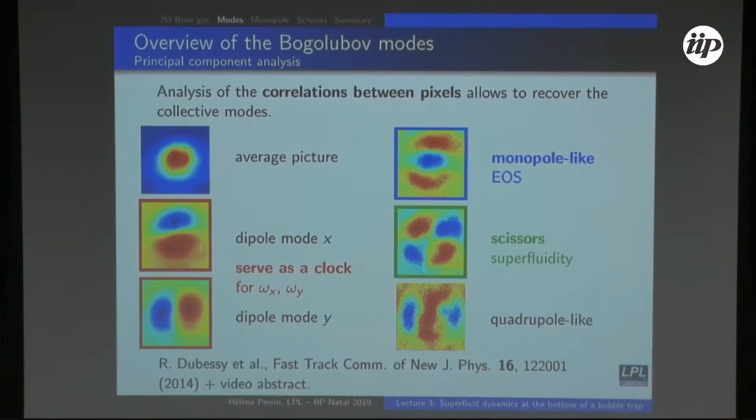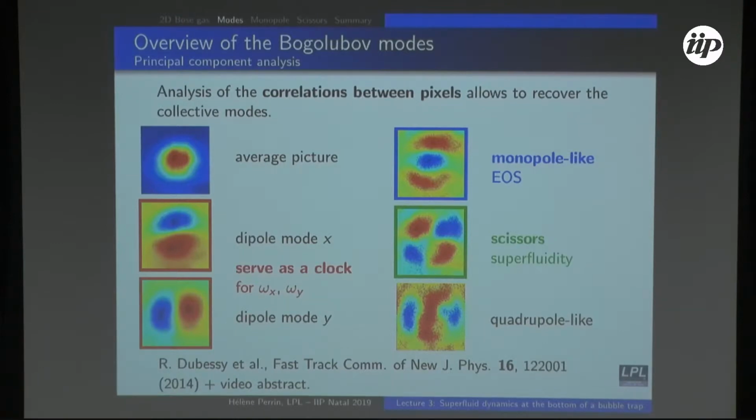So the two dipole modes, the monopole-like mode, which informs us about the equation of state, and the scissors about superfluidity, I will detail that. And as I pointed out already yesterday, having the dipole mode present is also very important, because it gives us the clock with high precision of what our frequencies omega x and omega y really are.